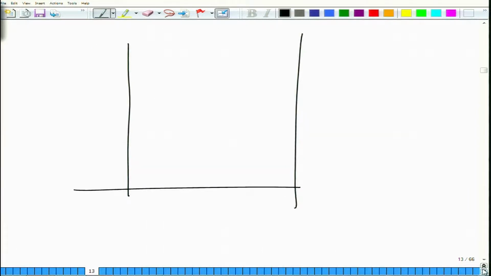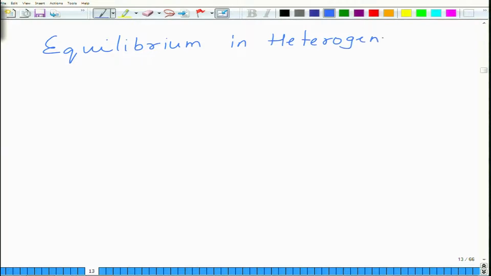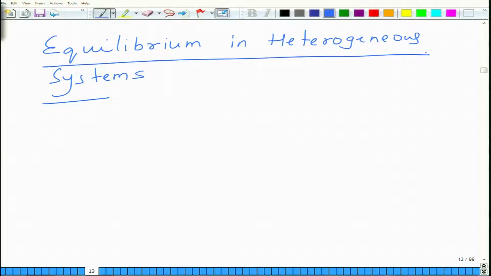So, now let us look at phase coexistence in heterogeneous systems. We will look at basically equilibrium in heterogeneous systems, not homogeneous. Let us begin with binary systems.